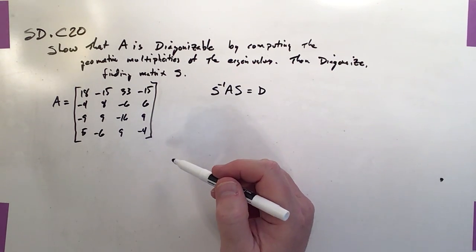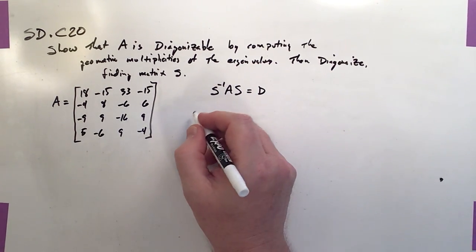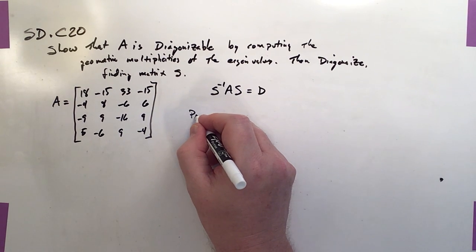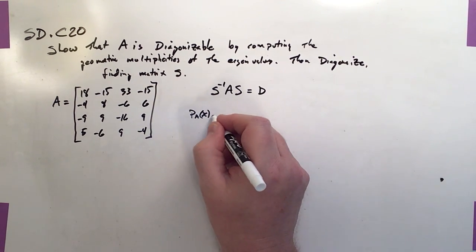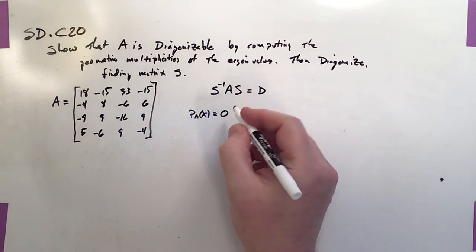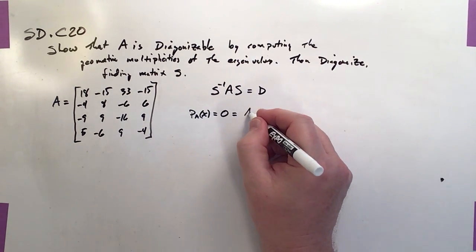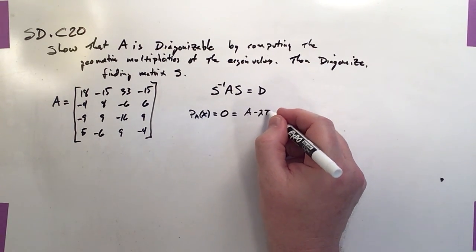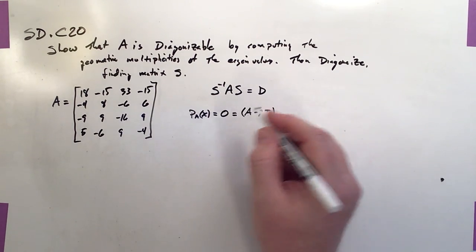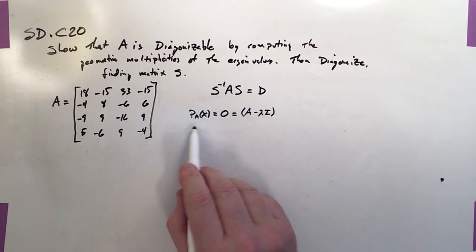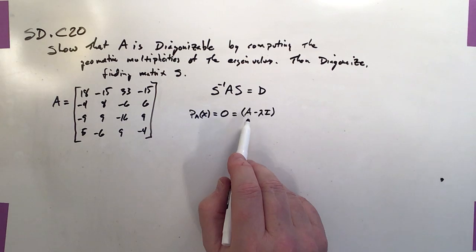And that of course is what we'll get if we follow the formula that we want to find the characteristic polynomial and set it equal to 0, and that of course is going to be the determinant of A minus lambda I. Well, as you can see, for a 4x4 matrix, this would be a tremendous amount of manual work.